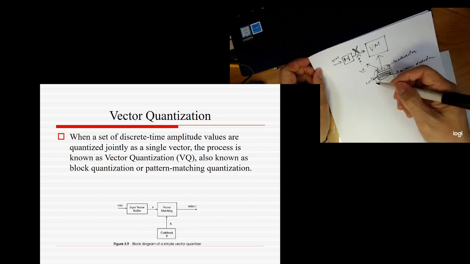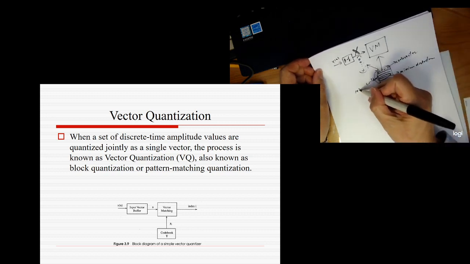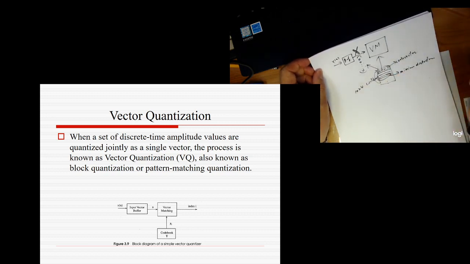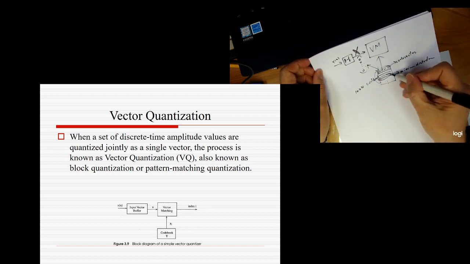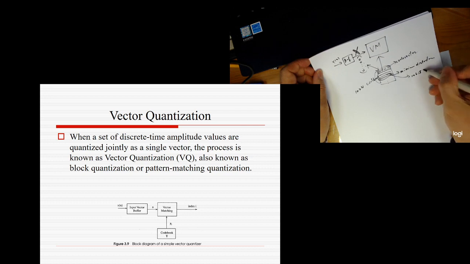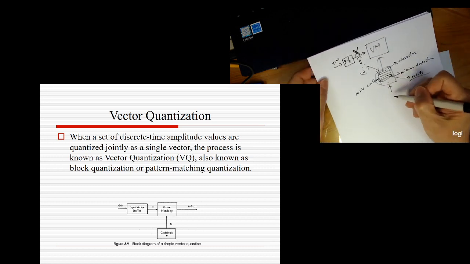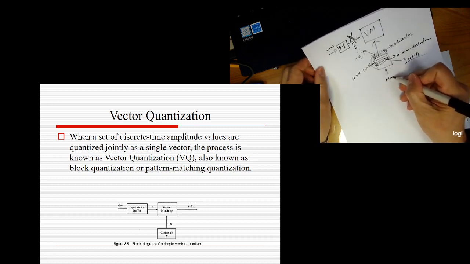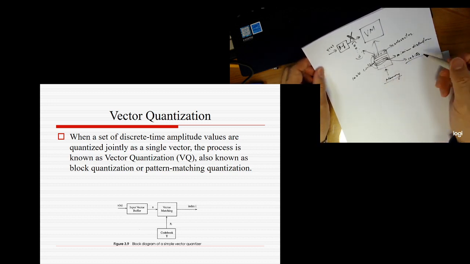For example, if you have 1024 code vectors, each code vector's index will be 10 bits. So you can treat this like a memory, using the memory address.